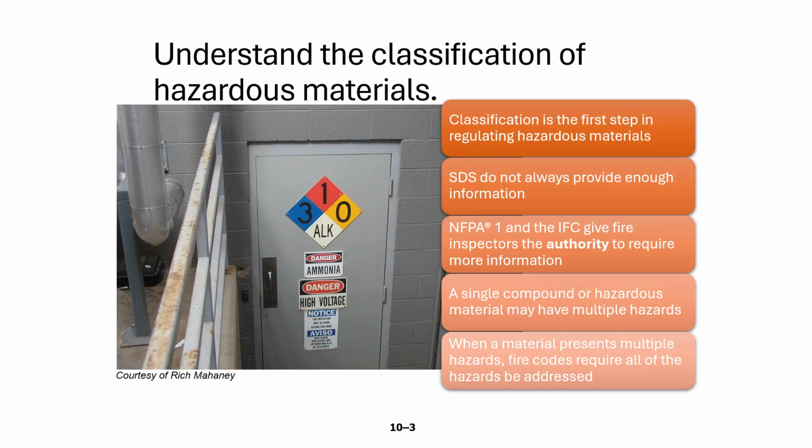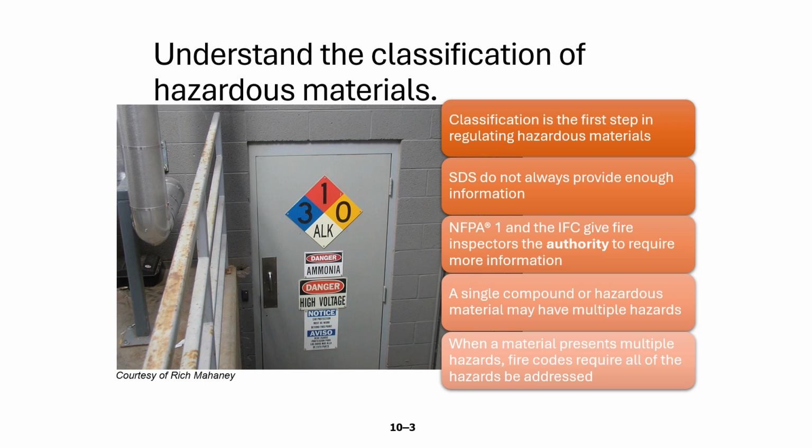So classification is the first step when we're looking at how we're going to regulate hazardous materials. We need to get it right the first time so that we don't have any type of incorrect evaluation, which may lead to a hazardous situation or an exposure to a hazardous event or health event.